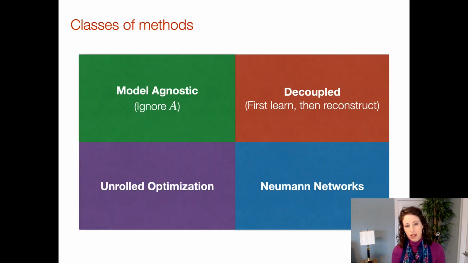And so this brings us to the second category of methods that we want to explore, in particular, decoupled methods. By decoupled, I mean that we separate out the process of leveraging our training data or performing learning from anything that has to do with our forward model A. There's a number of different approaches within this category, and I'm just going to pick on one to be concrete, but they share many key salient features.